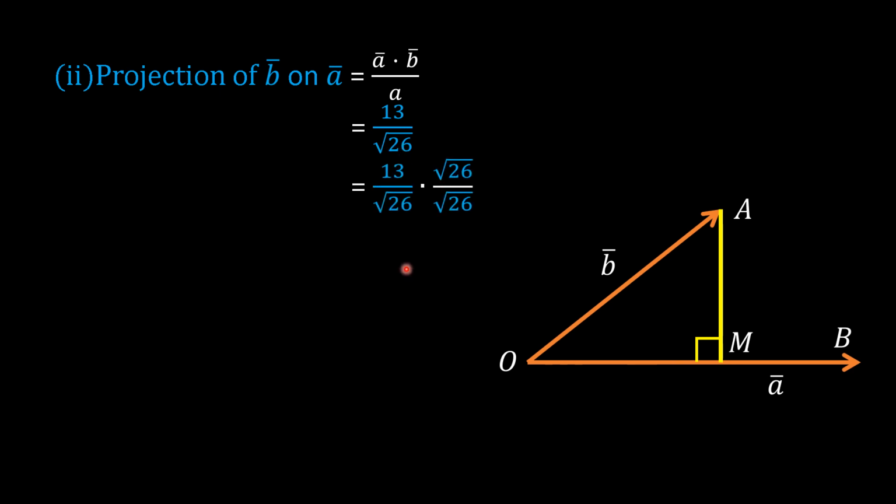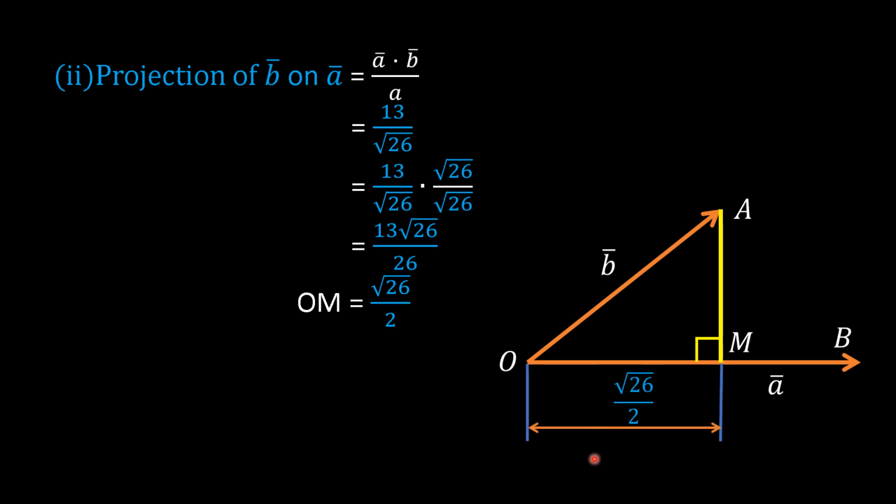So for that we will multiply numerator and denominator by root 26. So that gives us 13 root 26 divided by 26. Now 13 2s are 26. So OM, which is the projection of B bar on A bar, will be root 26 divided by 2.